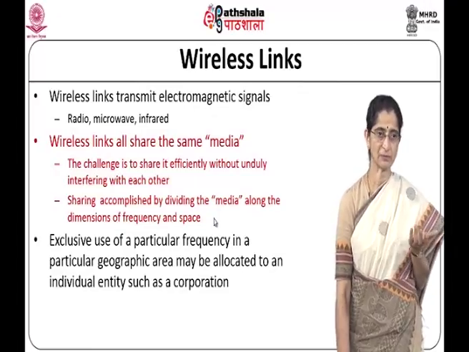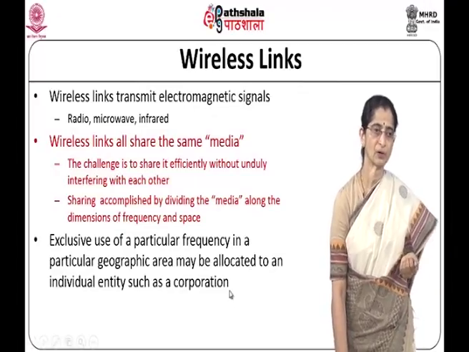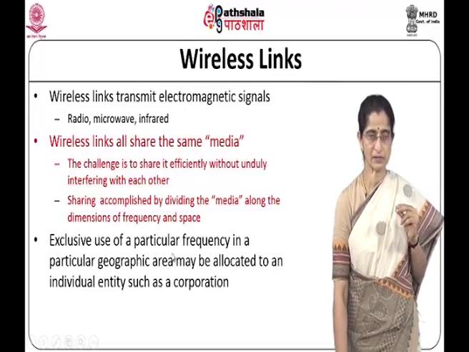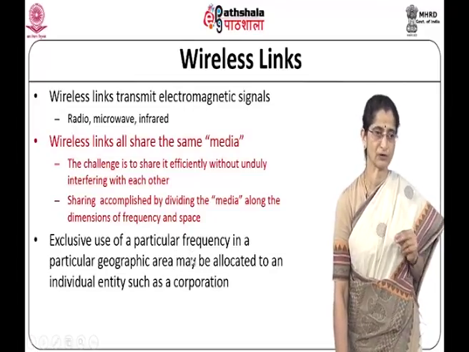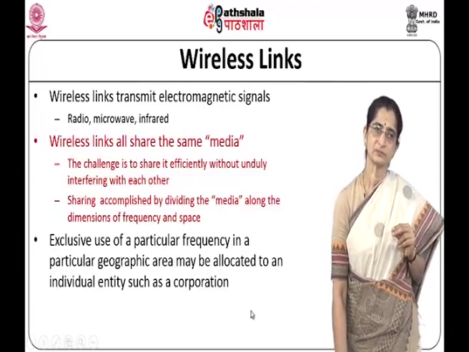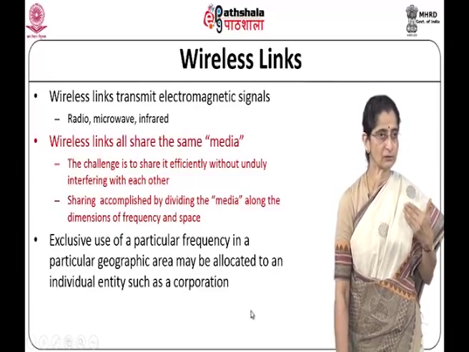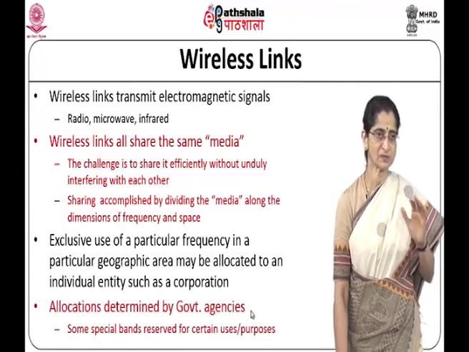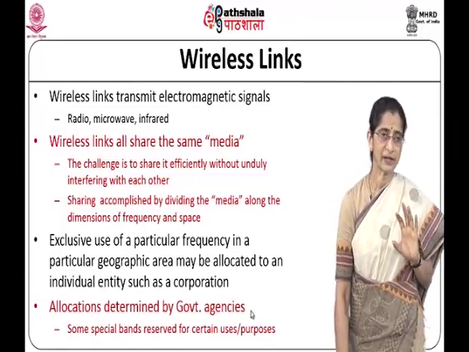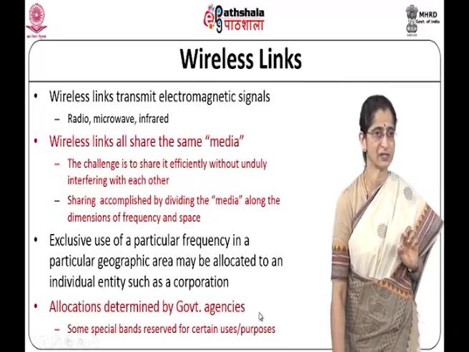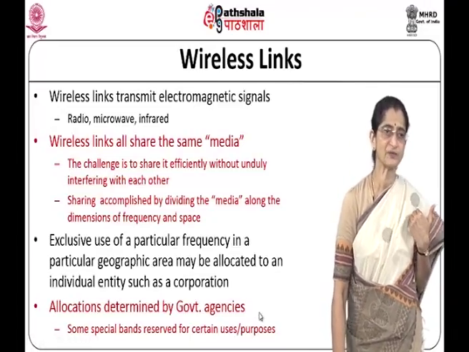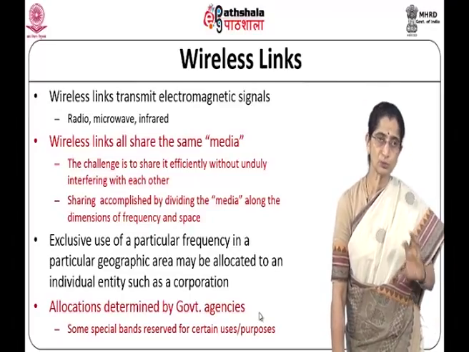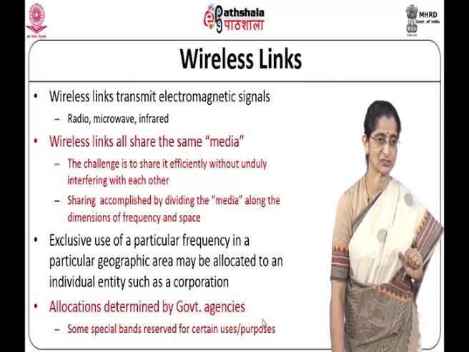the available media, okay. And normally what happens is that when we have exclusive use of a particular frequency in a particular geographic area, that is allotted to an individual entity or a corporation, that is done normally by means of some government agency. So, we normally have a lot of regulatory factors that need to be taken into account in terms of what kind of frequencies are allocated for different users or different technologies to use the radio frequencies available as such, okay.